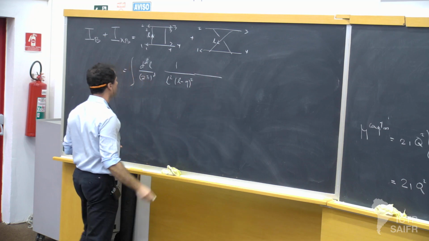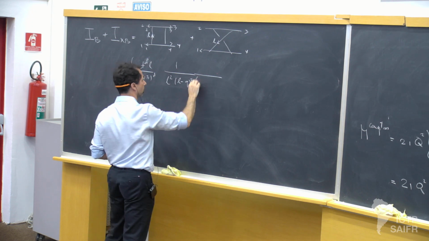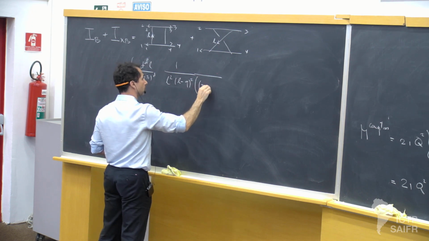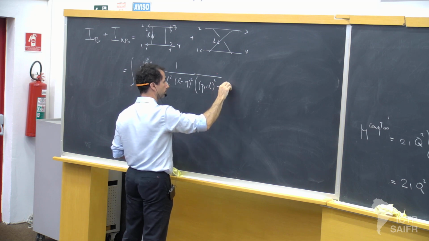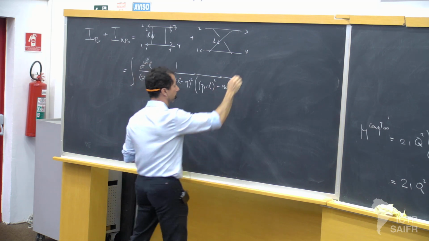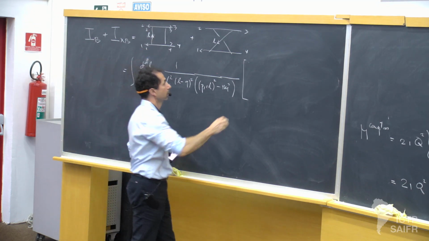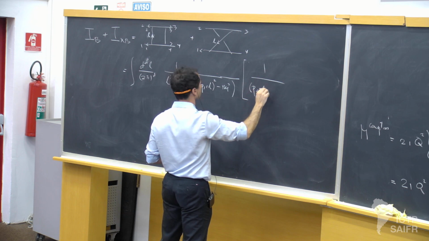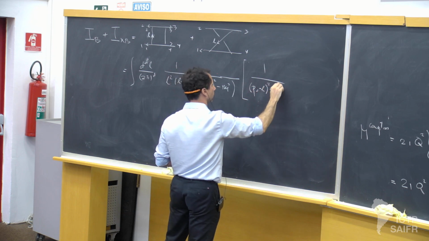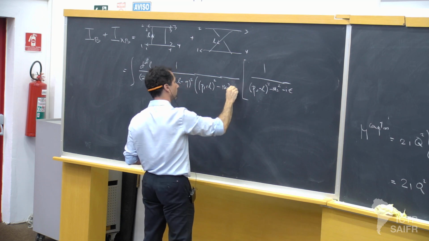And then there's a propagator for this one, which starts out its life as 1 over (P1 plus L) squared minus M1 squared. And then we have the top propagator, where the first one is 1 over (P2 minus L) squared minus M2 squared minus iε. There's a minus iε here too.